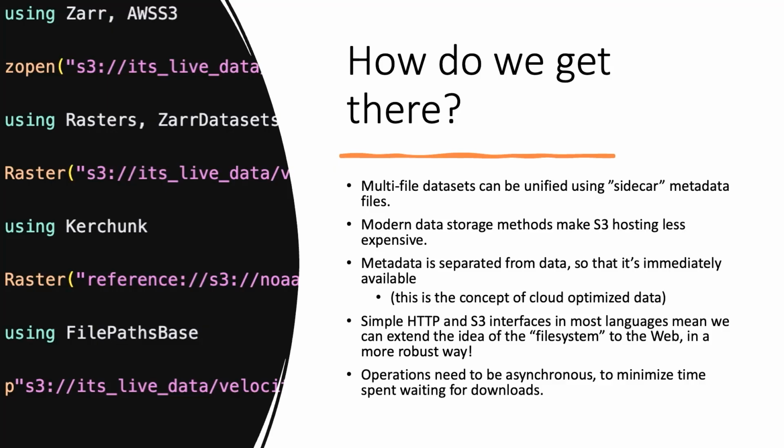And the last thing, and probably the most important thing from the user perspective, is that all of these operations need to be asynchronous. What does this mean? When you download something, it takes time to download, right? If you're doing this serially, you download one bunch of data, you operate on that, then you download the next, you operate on that, then you download the next.